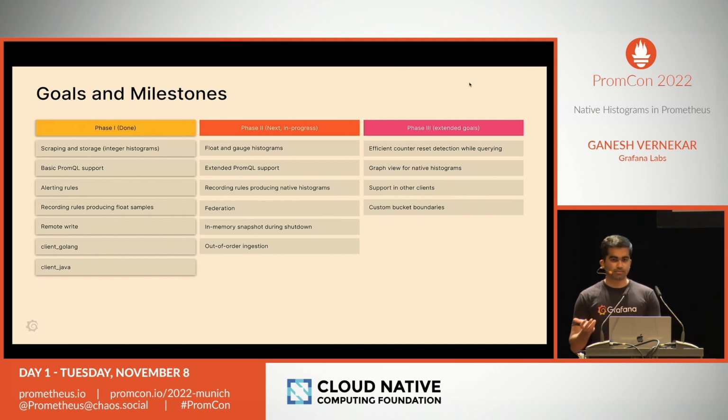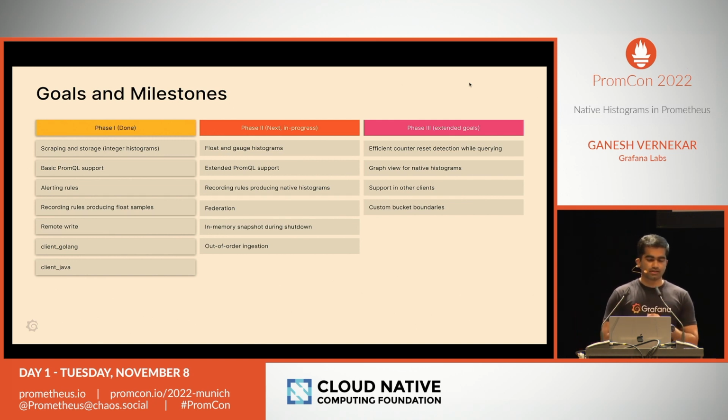And you have basic PromQL support, which Björn is going to talk more about. And alerting rules will work, but if you are templating your alerting annotations with the value of the query, and if the query produces native histograms, that will have the float value of 0.